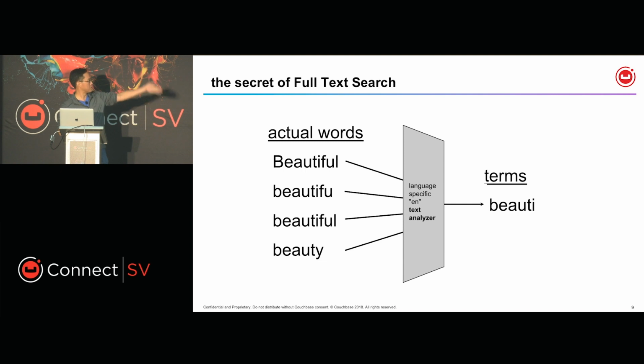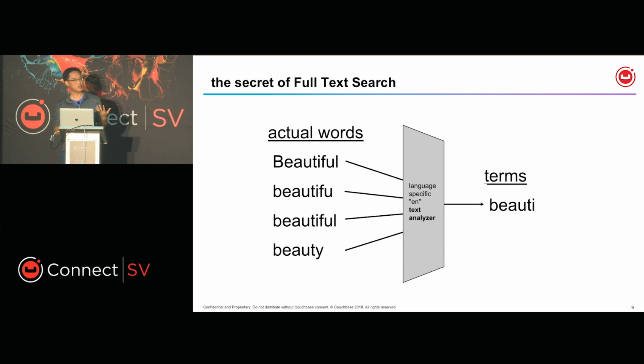For example, all these different actual words, beautiful, with different uppercasing and so on, they all turn into things like beauty, right? That's the term underneath the hood, and it's the term that gets stored in the index. So when you actually search for a term like beauty, you can now find all the documents that had beauty as an original word in some field in some document.